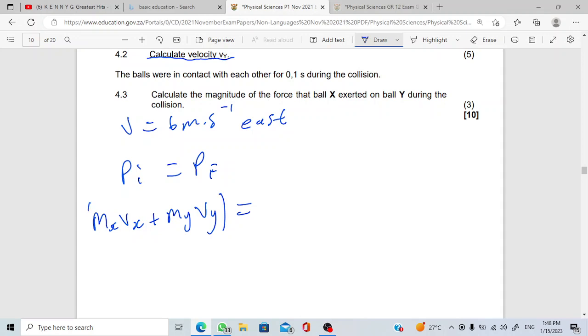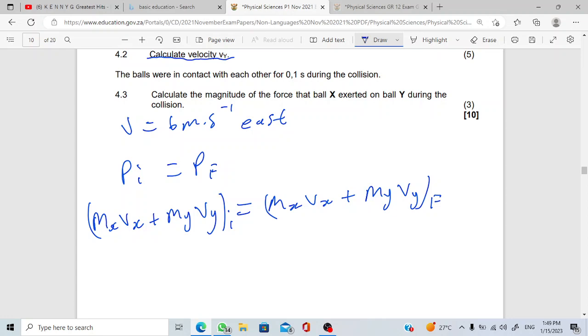They are initial conditions, so initial, which is equal to mass X, Vx, plus mass Y, Vy, but these ones are in the final.